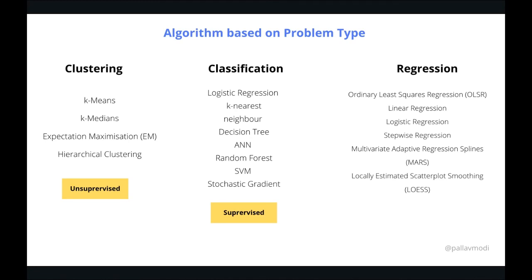So when I say supervised learning, that means you have input data and the corresponding output data to be fed to the system. And when I say unsupervised learning, it is only that we have the input data and no corresponding output data. All right.